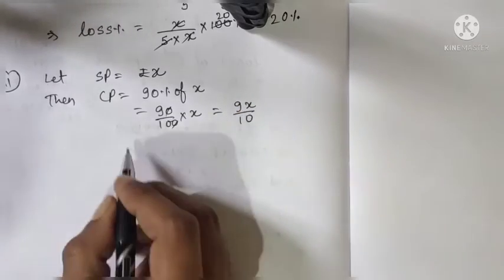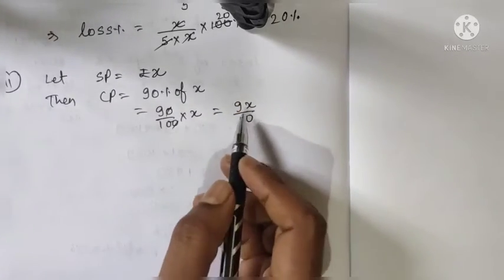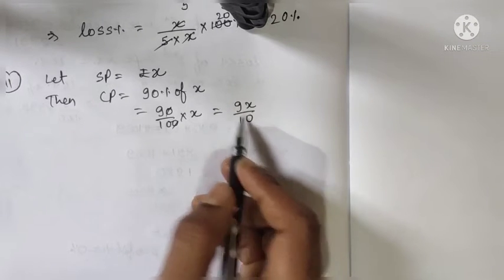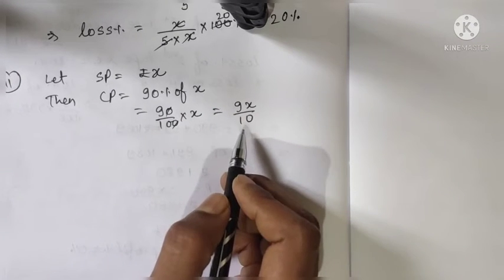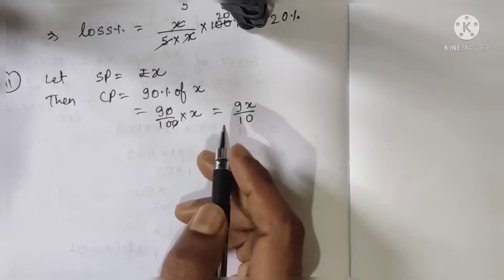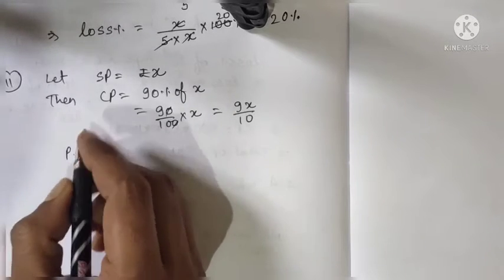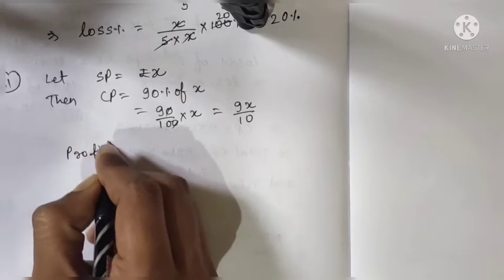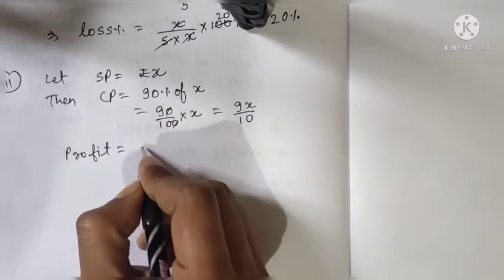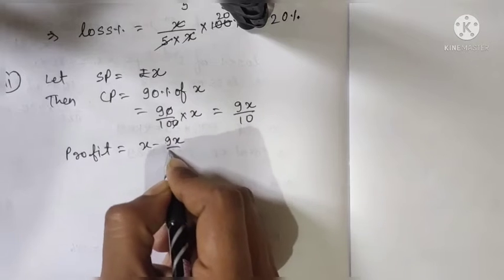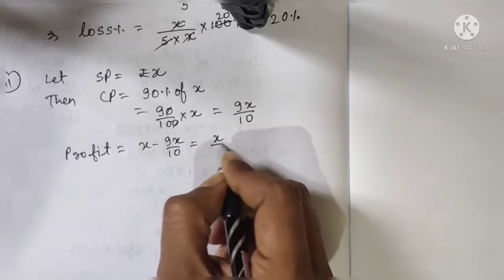Now we have CP and SP, and clearly CP is less than SP because 9 by 10 is less than 1. So in this transaction profit is made by the seller, hence profit will be equal to SP minus CP, means X minus 9X by 10 will be equal to X by 10.